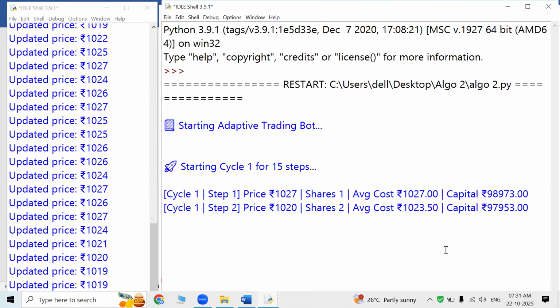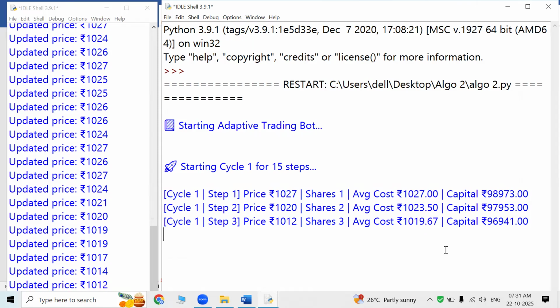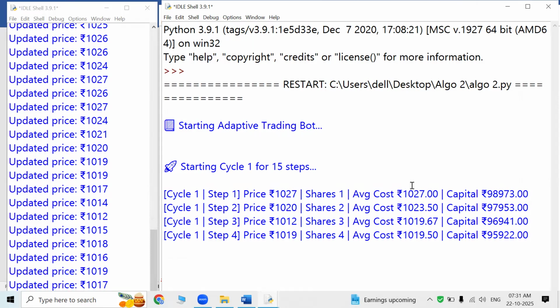At 1023.50. After every 10 seconds, whether the price is going up or down, we are going to buy one share. Now this will average down our cost. This is averaging, and we are going to do it for 15 steps, 150 seconds total.